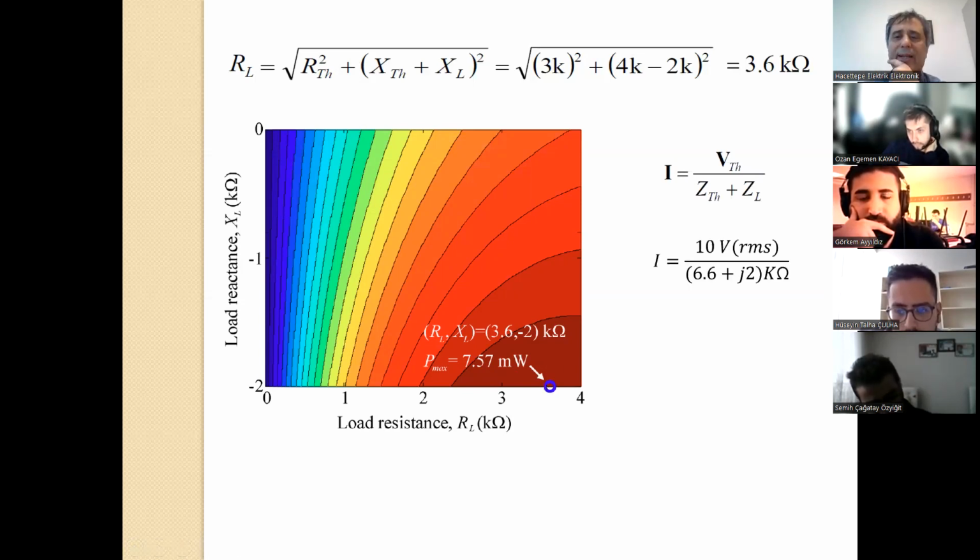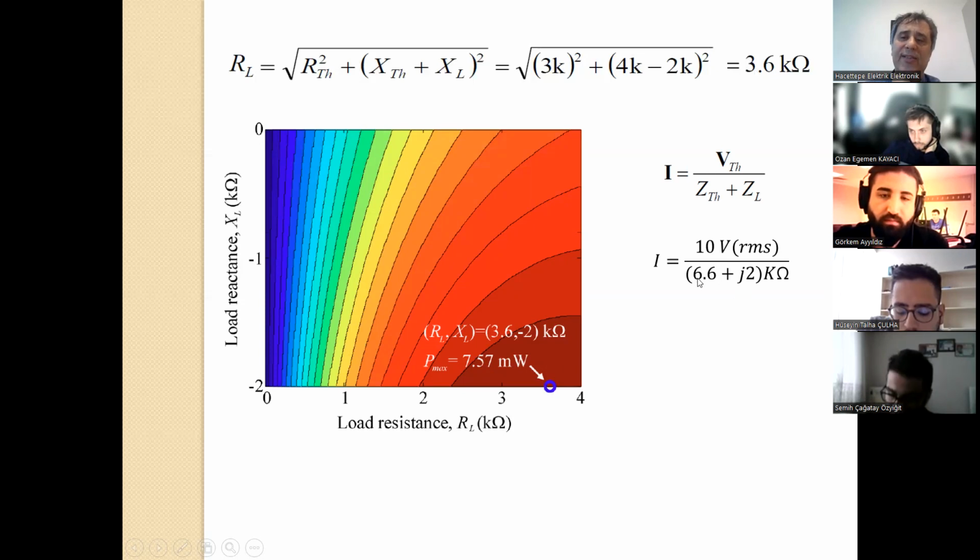So I can now calculate the current, 10 volts, like previously defined, over 3K plus 3.6K. So this is going to be 6.6K ohm.